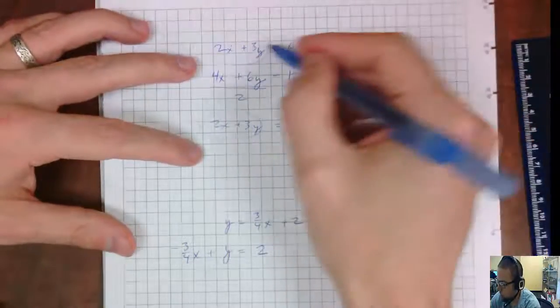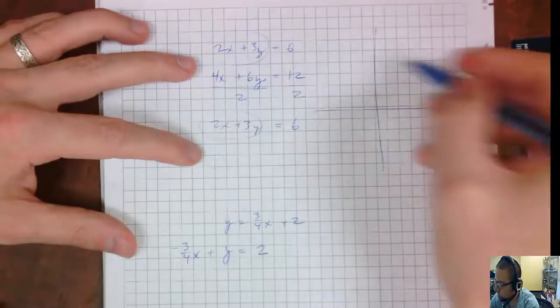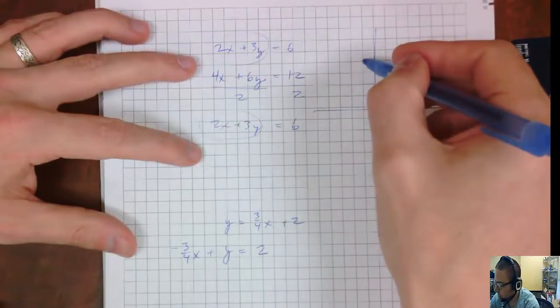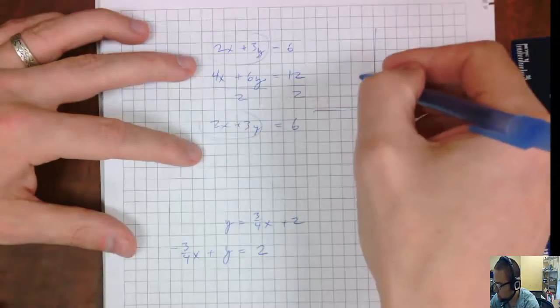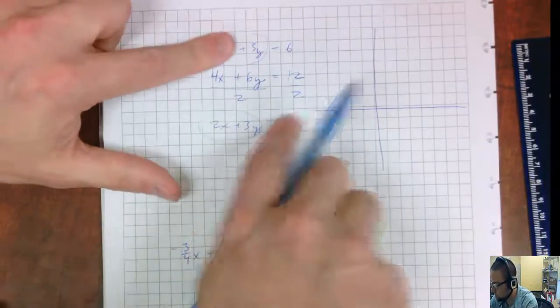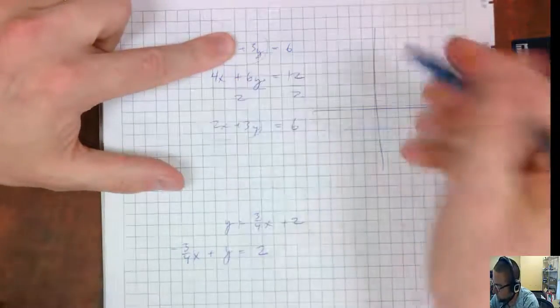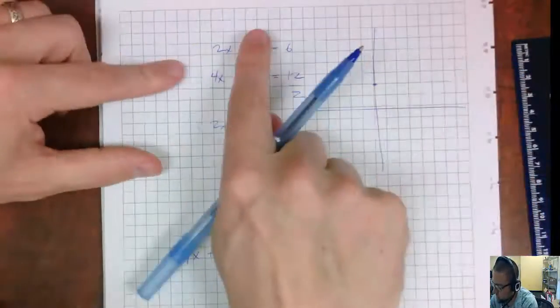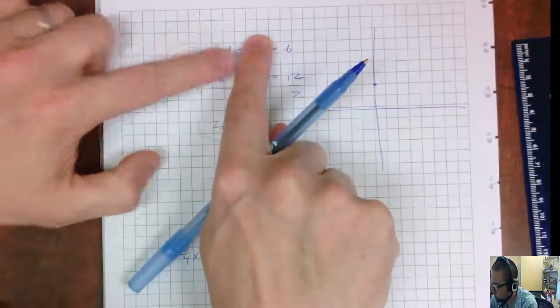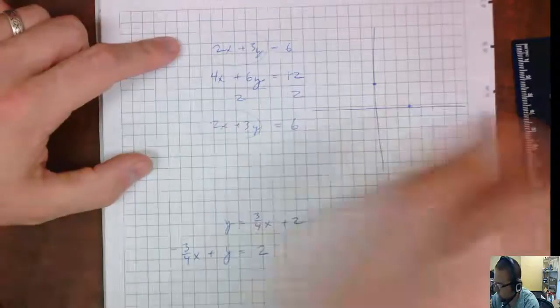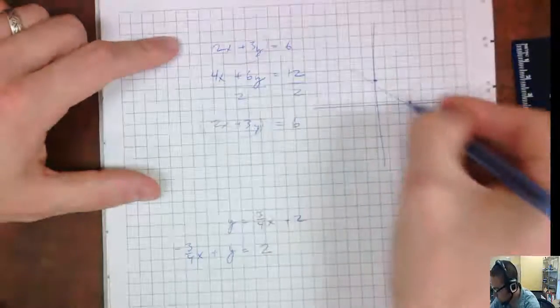So if I were to graph this line, it would be something like this. When x is equal to 0, y is equal to 2. And when y is equal to 0, x is equal to 3. 2x equals 6 means x equals 3. So the line looks like this.